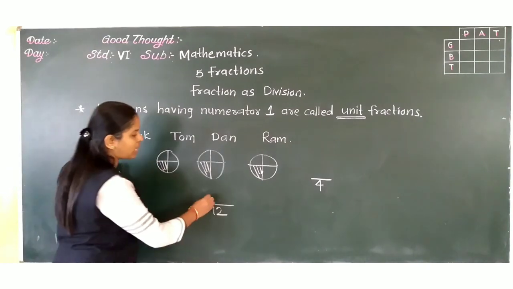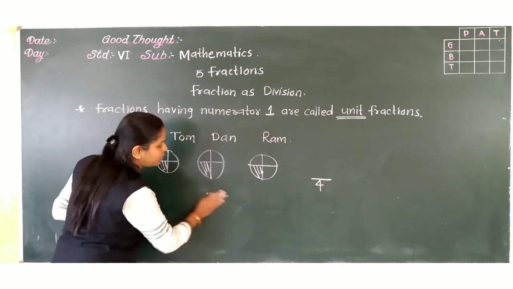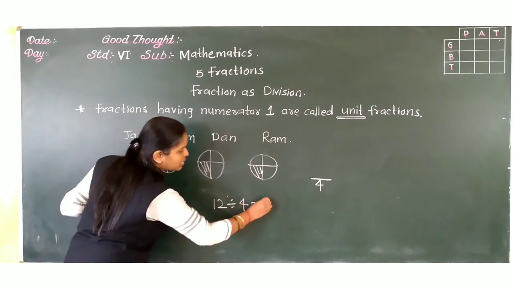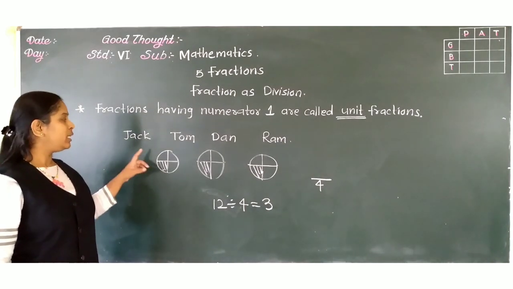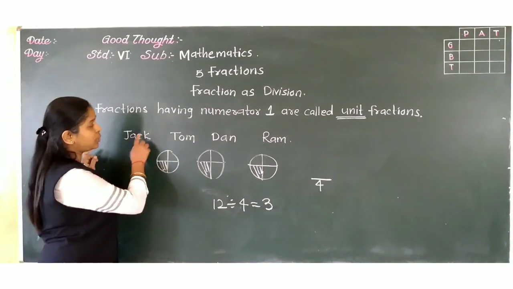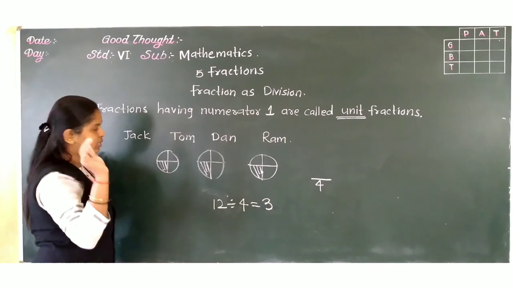So what will you get? The answer is 3. Each friend got 3 parts.